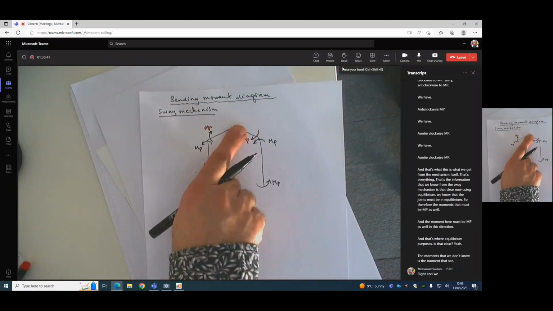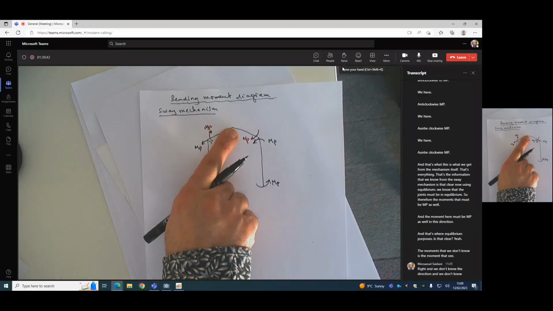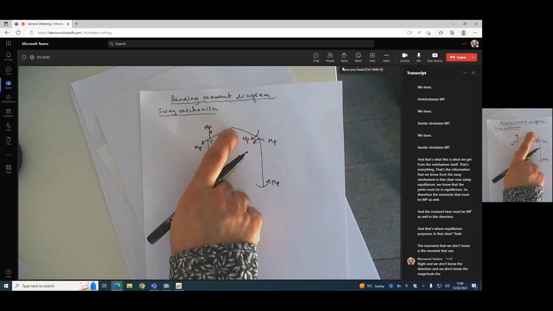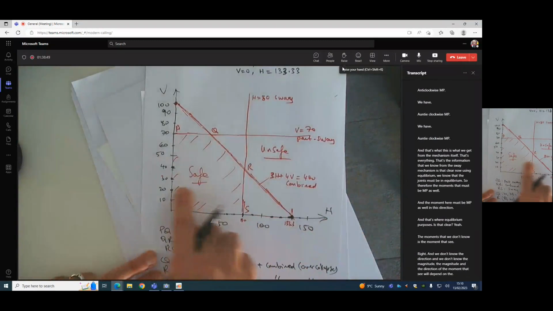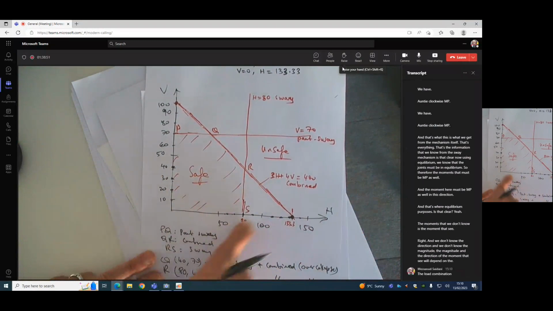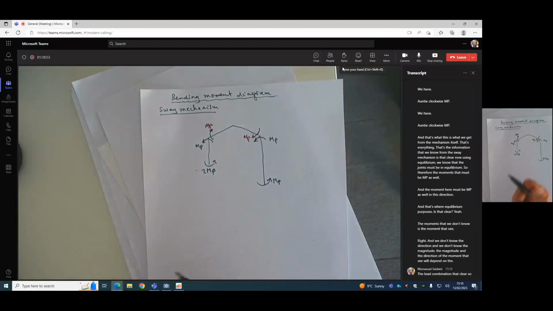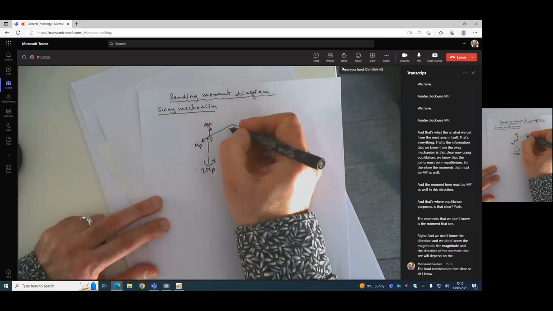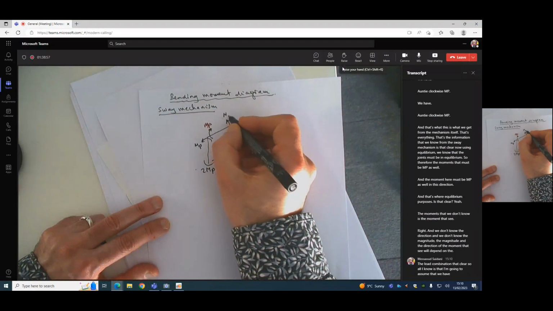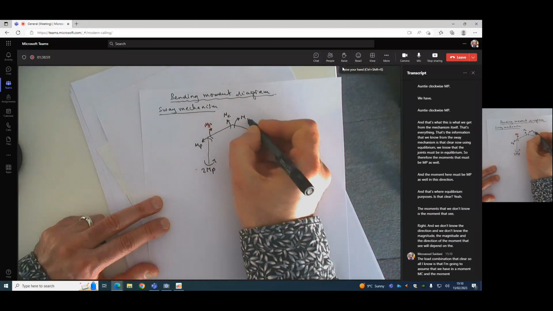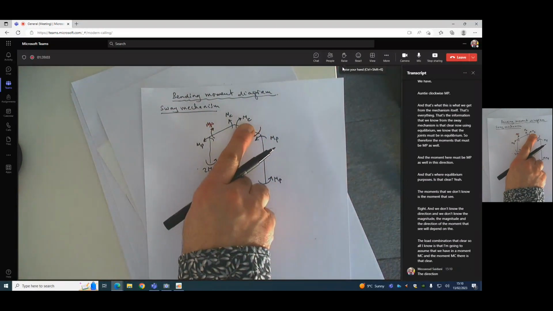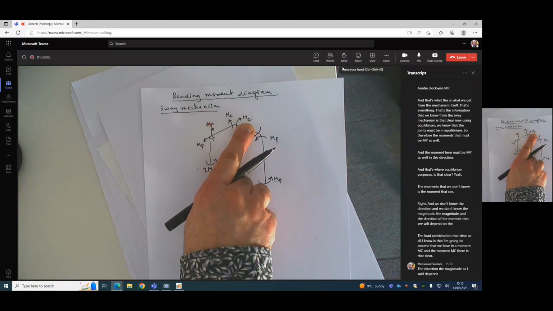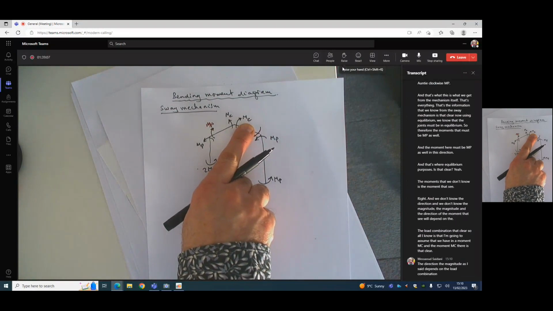And we don't know the direction and we don't know the magnitude. The magnitude and the direction of the moment at C will depend on the load combination. Is that clear? So all I know is that I'm going to assume that we have a moment MC and a moment MC there. Is that clear? The direction, the magnitude, as I said, depends on the load combination, V and H.